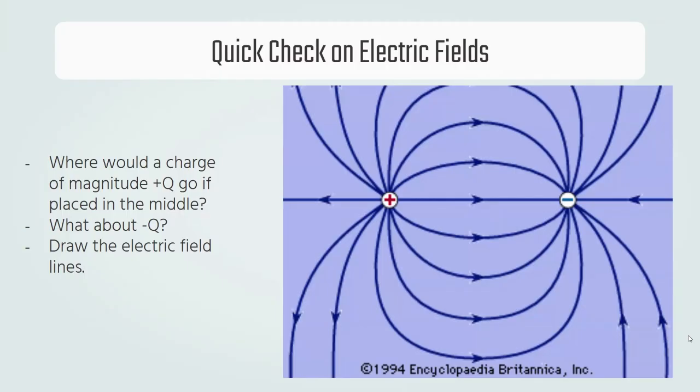But if you can assume the math works as the math works, we can just look at this diagram and see, yes, the electric field lines do indeed point away from the positive charge and towards the negative charge. And if I had a positive charge, it would move in the direction of the electric field line. It would move towards the negative charge and away from the positive charge.